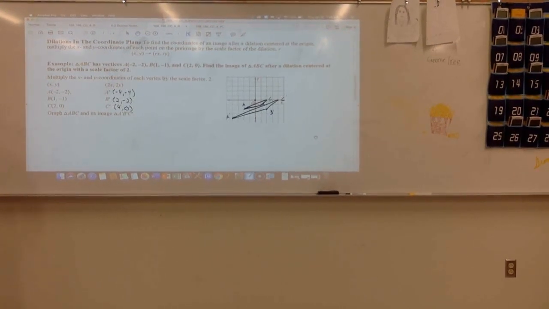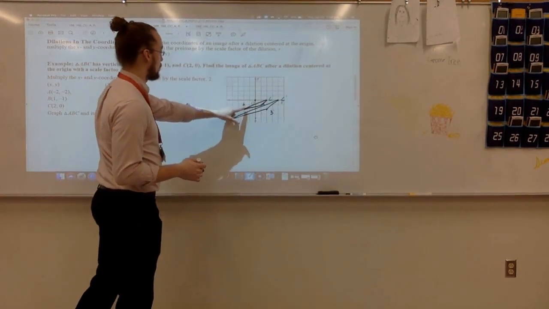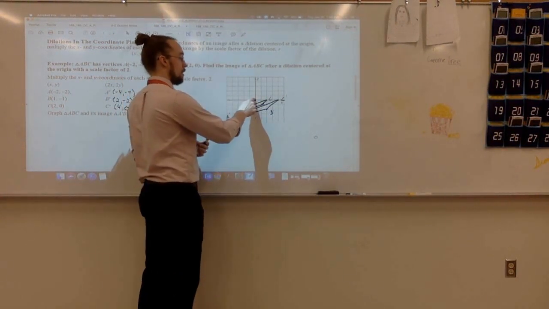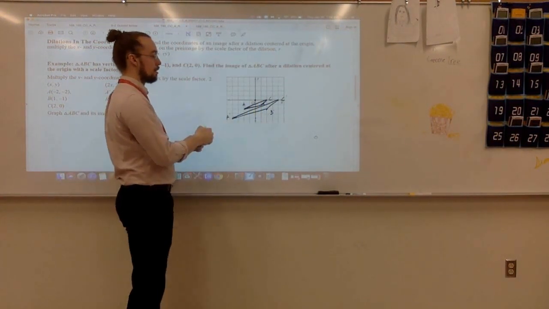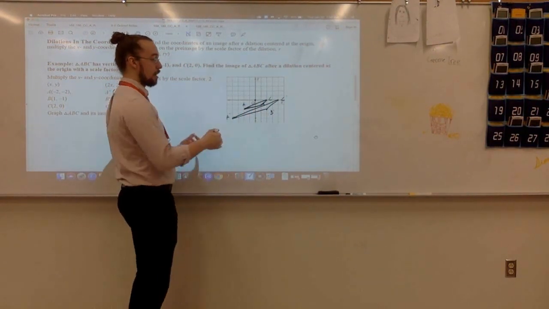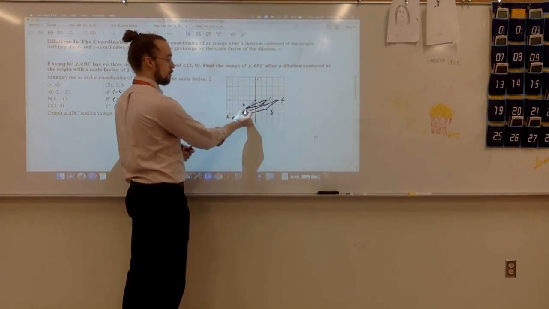Yeah, absolutely. Is there a way to find it without the shortcut? Yeah, so we would just do exactly what we did up here, but even on a coordinate plane, that process would still be a little bit easier. So, from the center to A, right, I would just say, well, I go down 2, left 2.